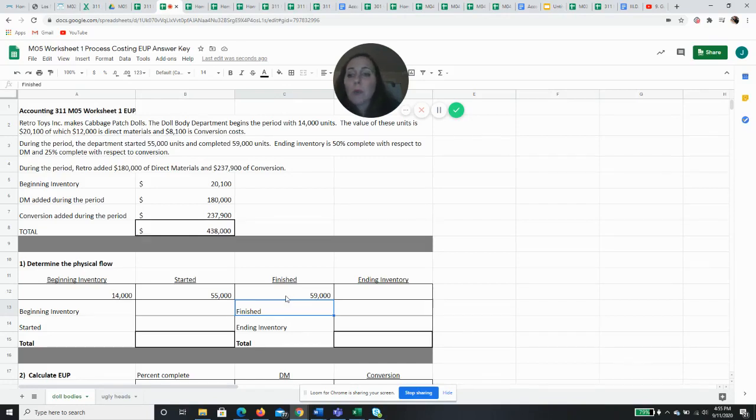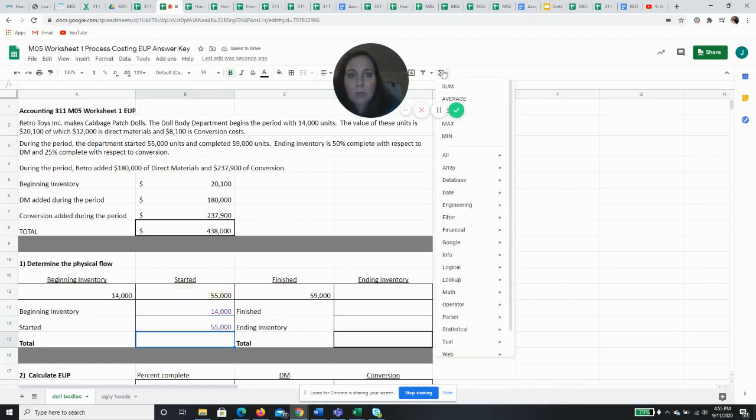Now remember, we know that beginning inventory plus whatever we started during the period equals whatever we finished plus ending inventory. So let's figure out the numbers we know. We know beginning inventory is 14,000. We know that we started 55,000.